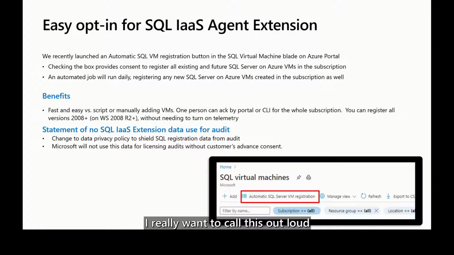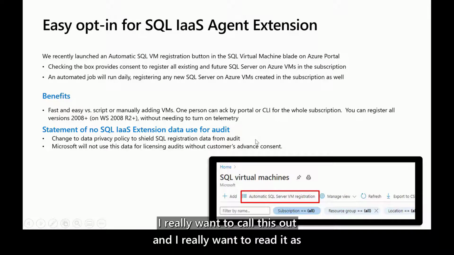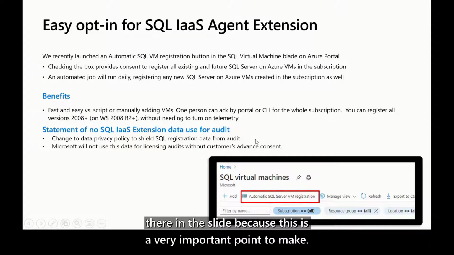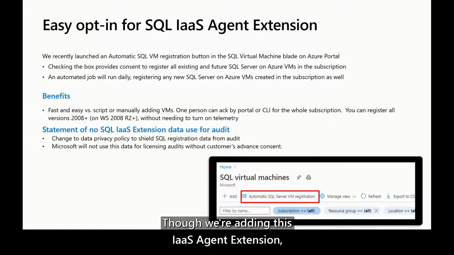I really want to call this out loud: the change to the data privacy policy to shield SQL restricted data from audit. I really want to read it as it is there in the slide because this is a very important point to make. Though we are adding this IaaS agent extension, our intention is only to provide you the comprehensive feature set and the benefits that I have spoken about earlier, not to audit, not to do anything.